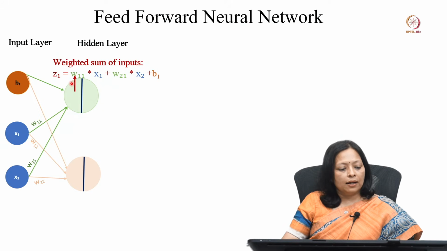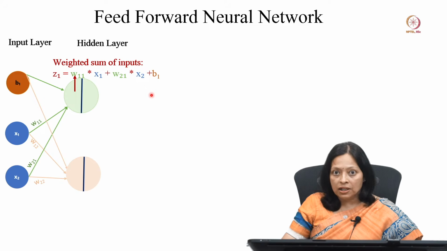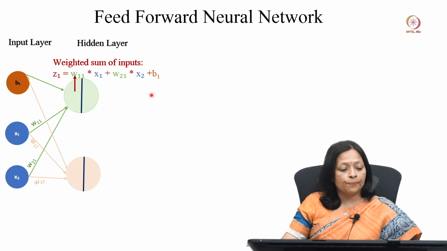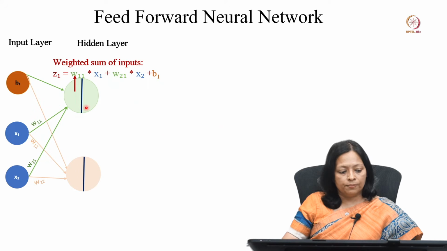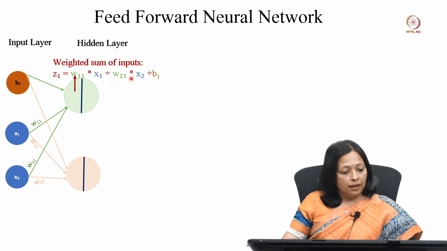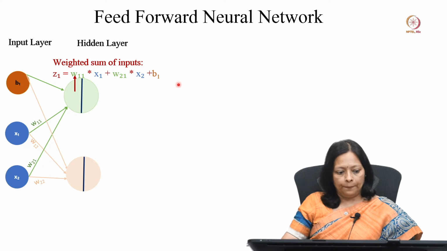So, the first part is a weighted sum of the inputs. What do I mean by the weighted sum of the inputs? It means the first part takes the weight W11, multiplies it with the input neuron's value X1, plus W21, the weight associated with X2 when it is connected to the first neuron in the hidden layer, W21 into X2, plus the bias term B1.